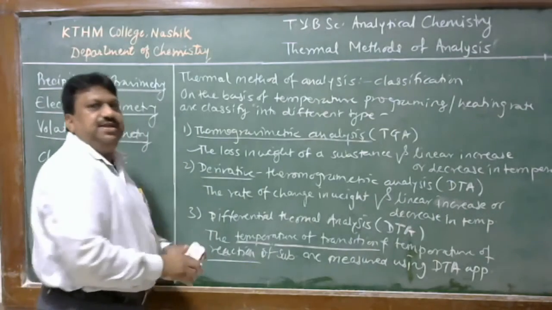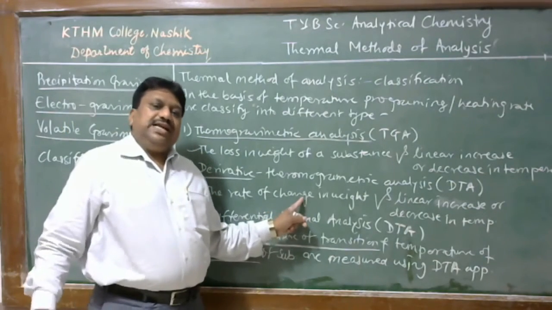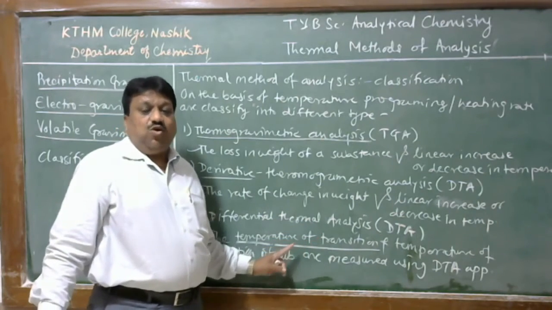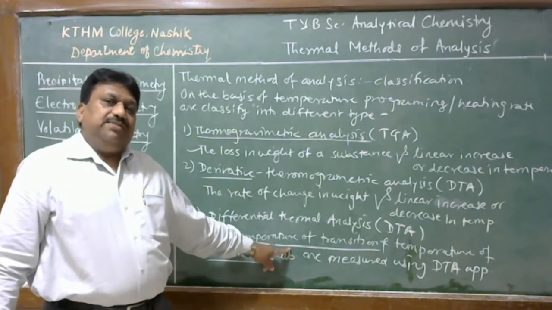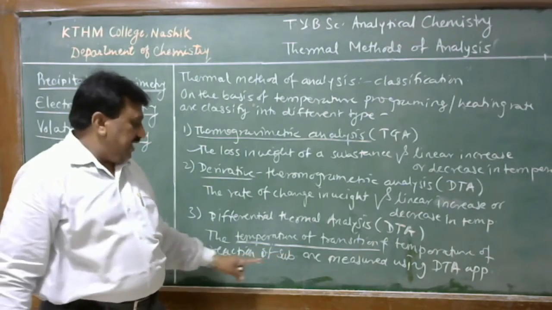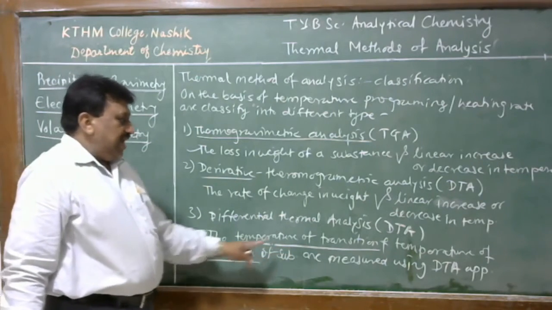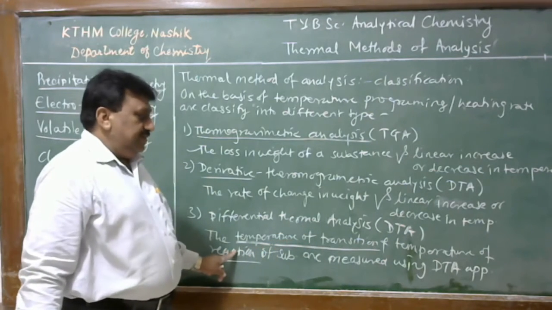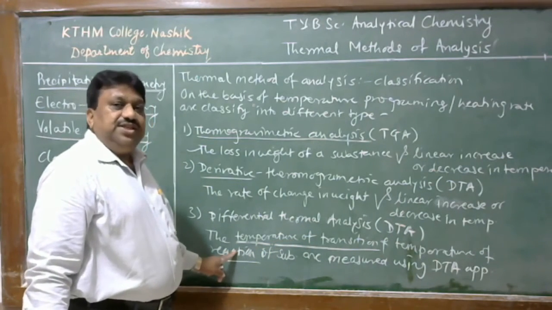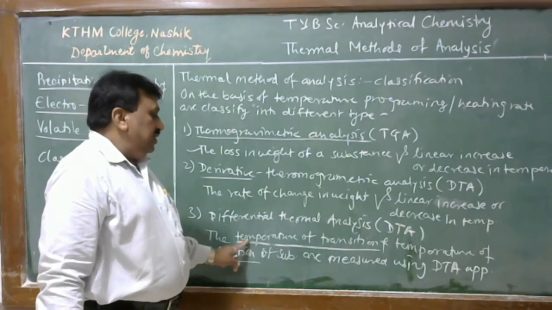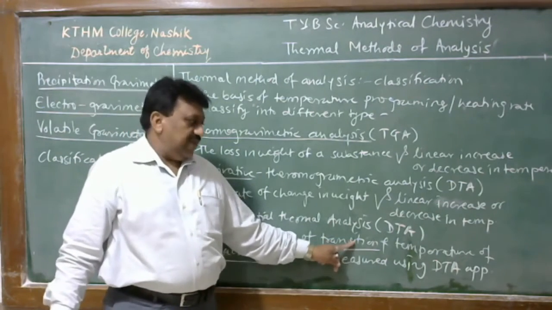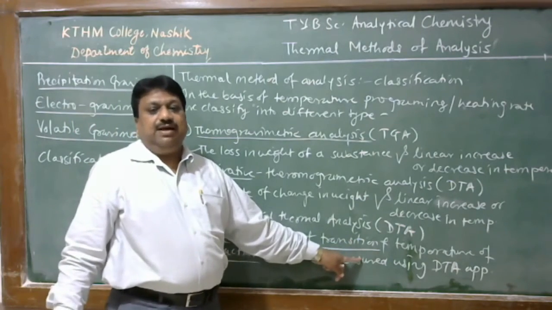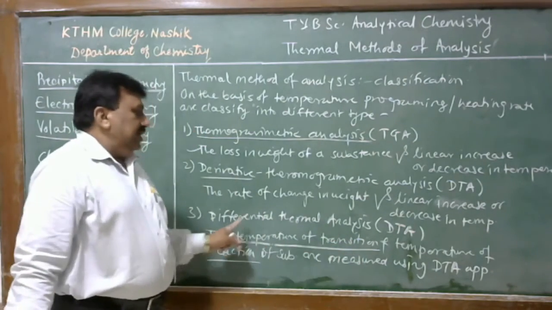Temperature of reaction means when a reaction is taking place, whatever the change in temperature is, that is recorded when it is an exothermic or endothermic reaction. That means the temperature of transition and the temperature of reactions are measured in DTA apparatus.